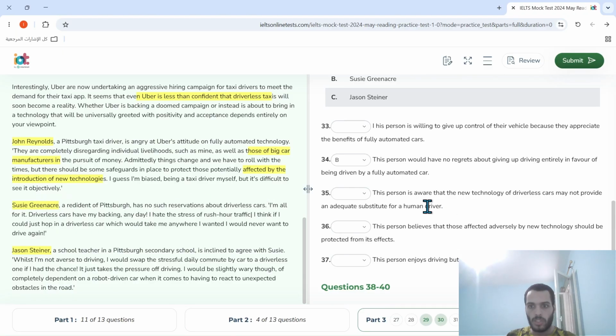Collectively, John. So this is this is John. This one believes that those affected adversely by new technology should be protected from its effect.